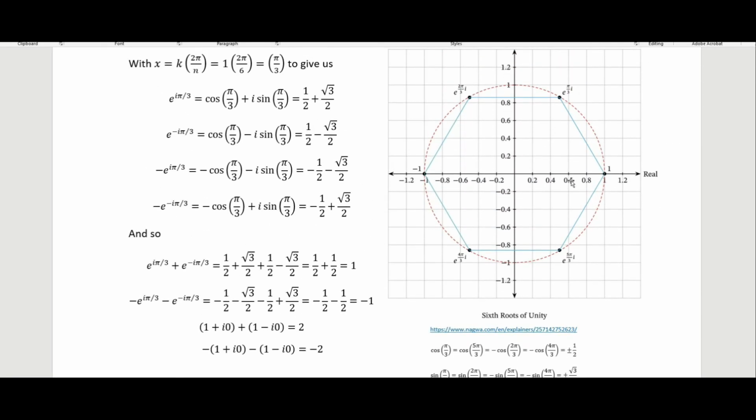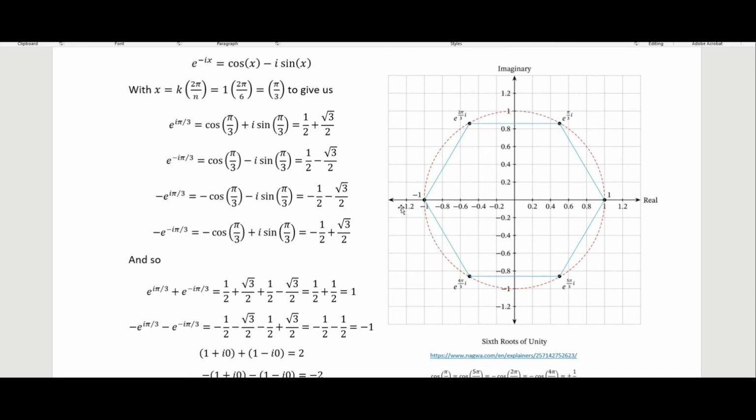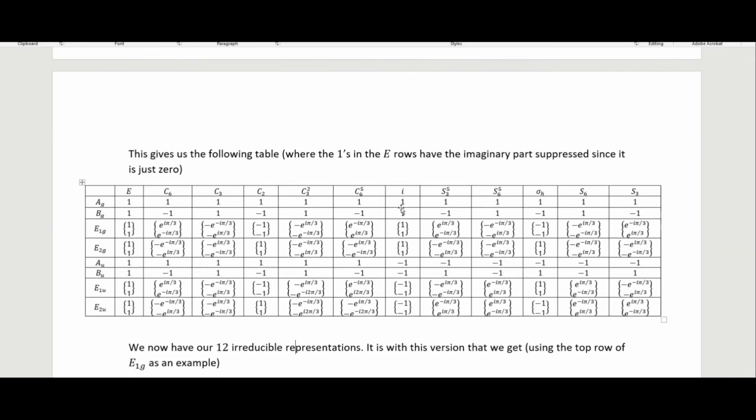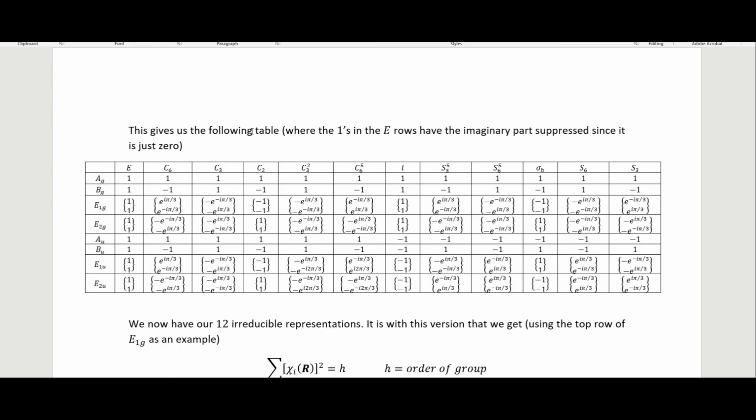So that would be this point here and this point here in the complex plane, where we see it has 0 and 0 complex part. But yeah, that is the C6H table.